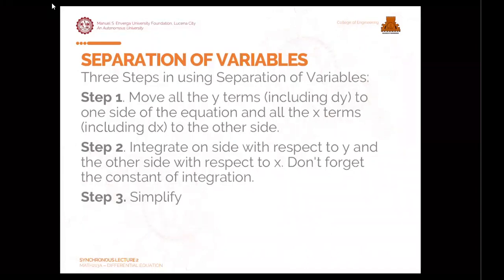Number 2 is to integrate in each side with respect to y, tapos yung isa with respect to x. Don't forget yung concept of integration natin, plus c, kasi integral yung ginagawa natin. Then, last is to simplify.